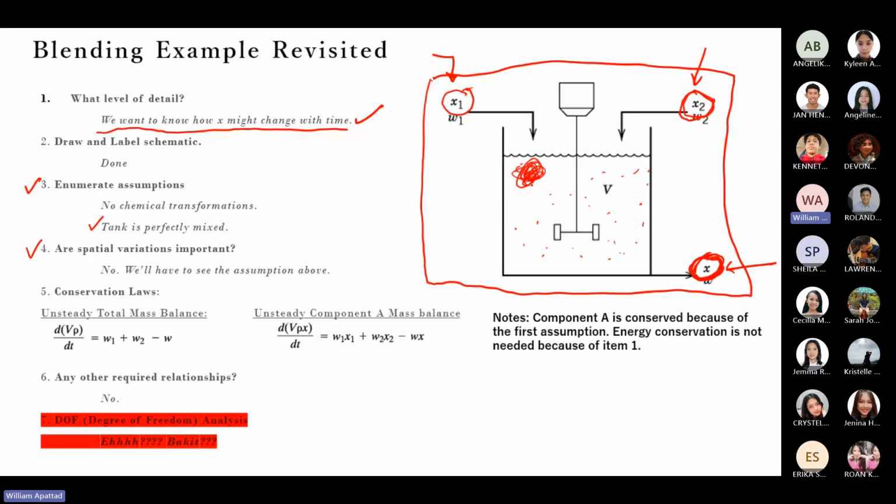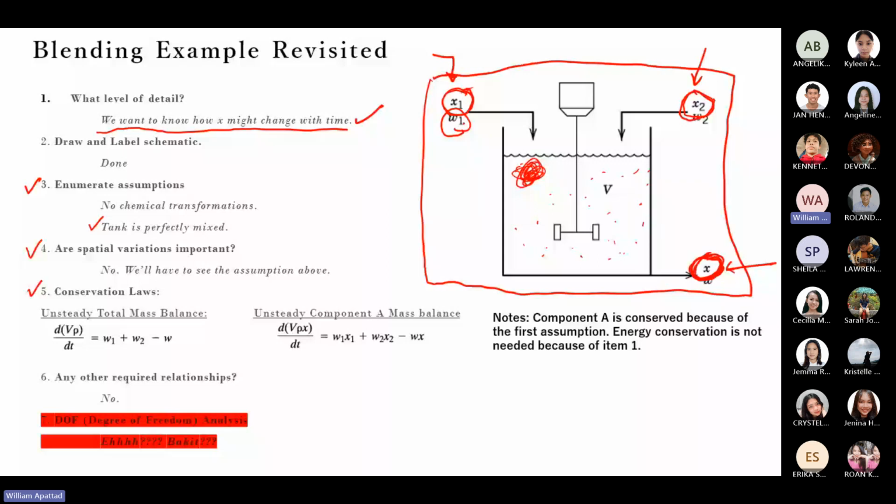So, ano yung gagamitin ko to solve my problem? Anong gagamitin kong mga equations na nagre-relate nitong x na gusto kong malaman? Okay? So, we have the total mass balance. Kung iniba mo kasi ang flow rate nito, iba din ang concentration ng x natin kasi mas marami ang pupuntang x1 kapag tinaasan natin ang value ng W1 natin.